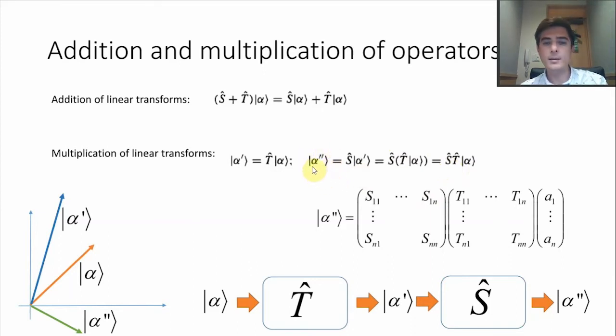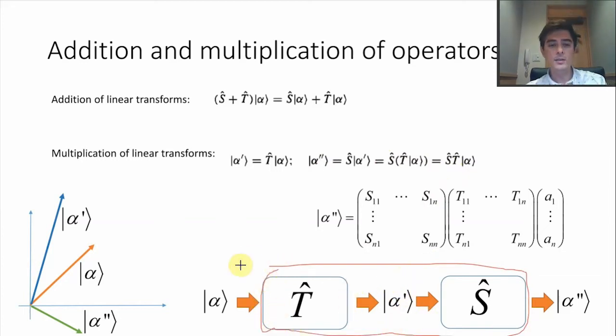If we view this whole thing here as one machine, we don't worry about what's happening on the inside of this machine. We can view the operator T and then S as just one machine, and that would be basically this part of it.